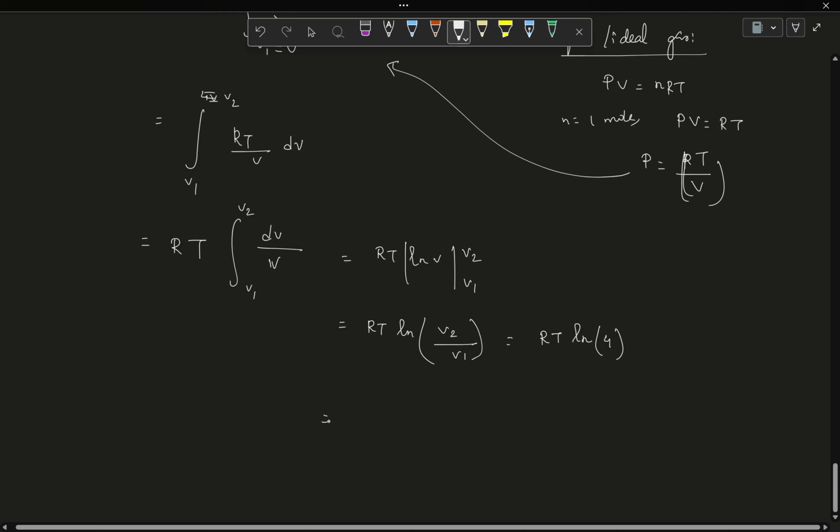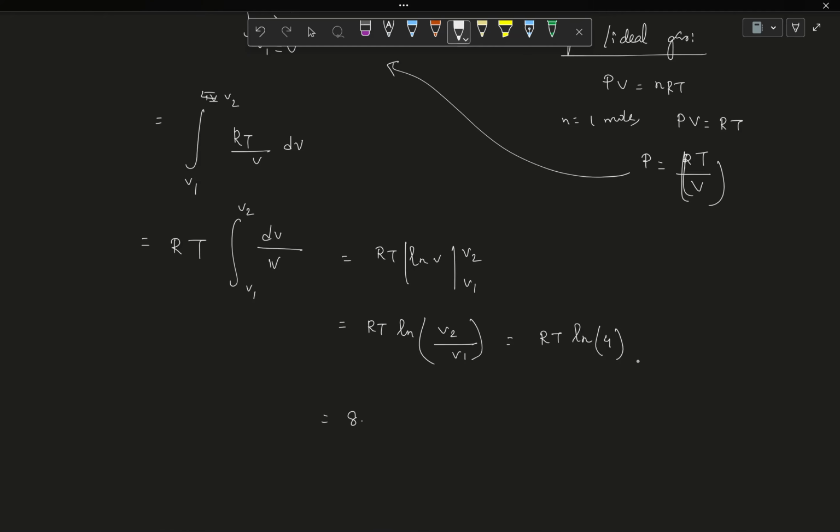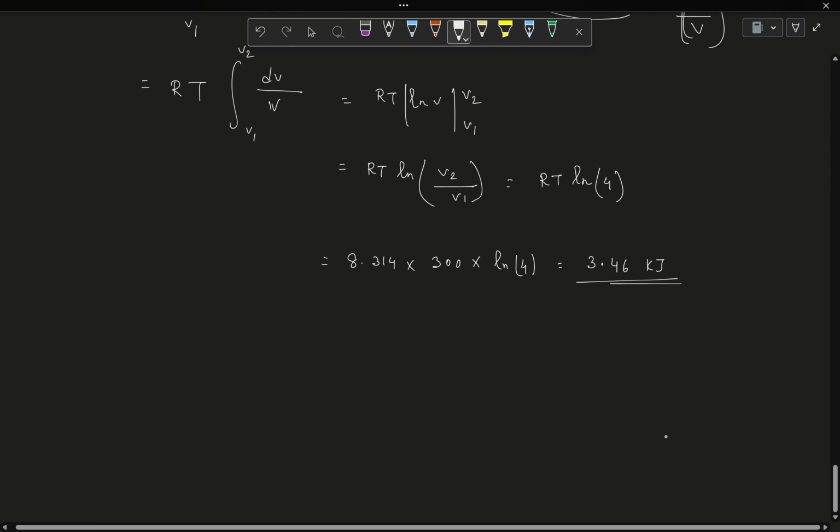Take your calculator and put in the values, where R is 8.314 joule per mole Kelvin, which is the SI unit in this case. T is the temperature, given in the problem as 300 Kelvin, and ln 4 you can calculate from the calculator, and you will get a value of 3.46 kilojoule. I have already calculated this. So this is the work done.